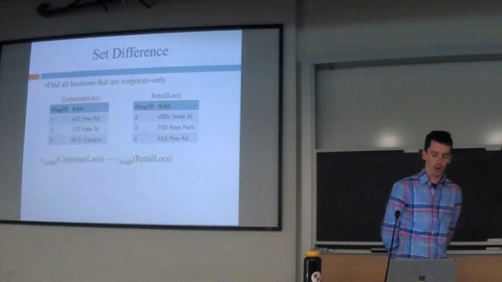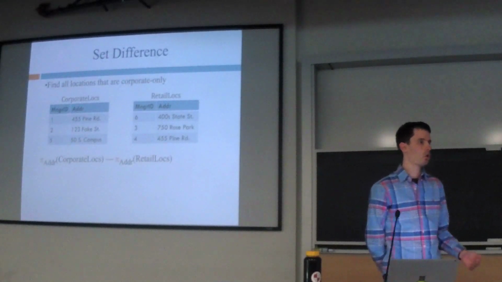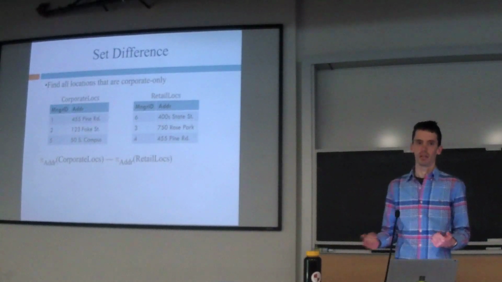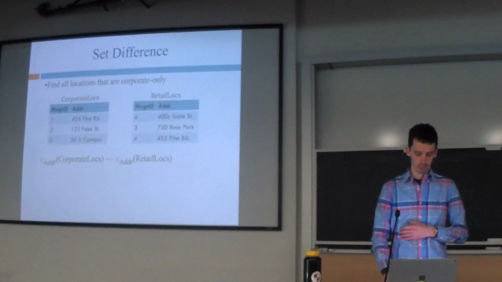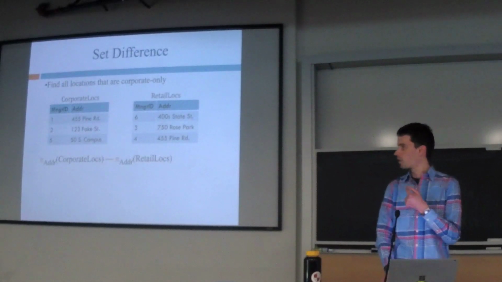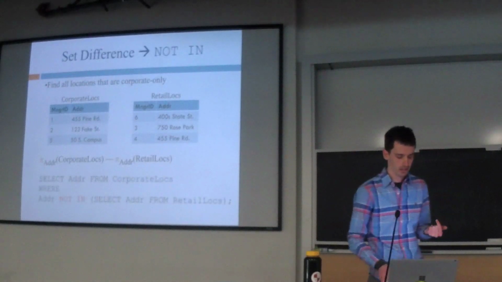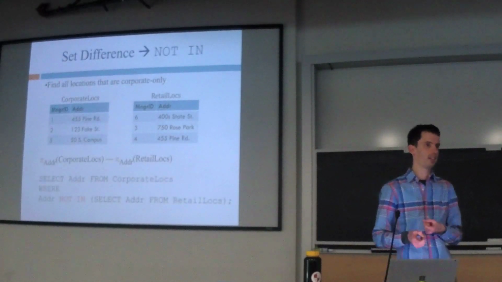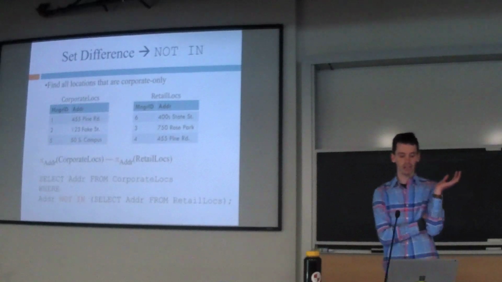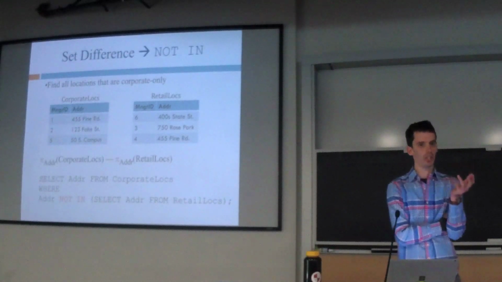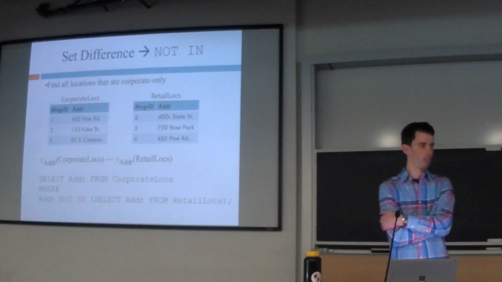Okay, set difference. So find all locations that are corporate only. So I want to remove the ones from retail after starting with just corporate. That's the relational query version. The SQL version is, we can just say not in. So I can say, give me every address from corporate locations where that address is not also in all of the addresses from retail.